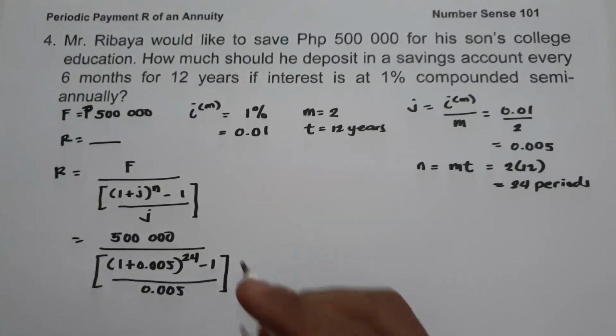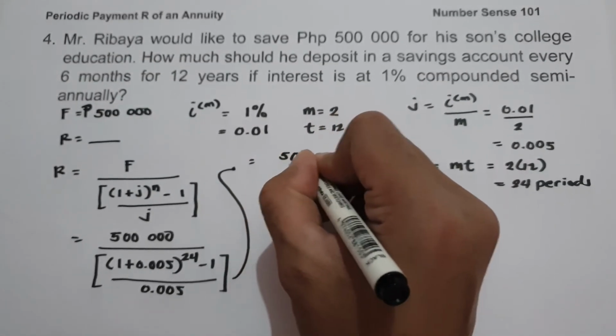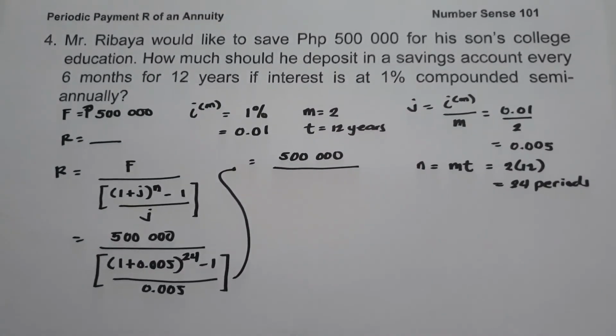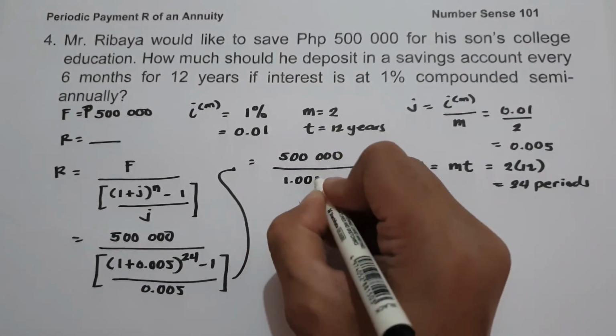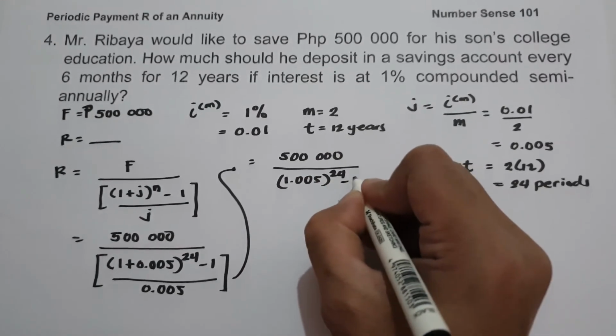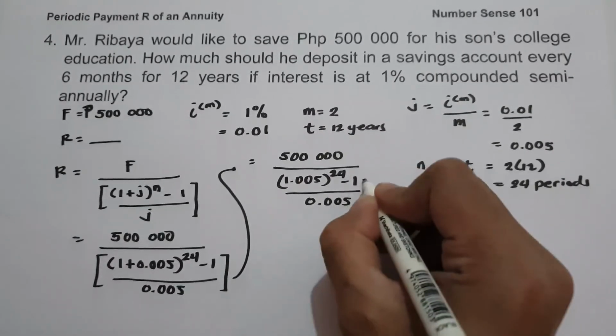And then, let us rewrite 500,000 over 1 plus 0.005, that is 1.005 raised to 24 minus 1 all over 0.005.